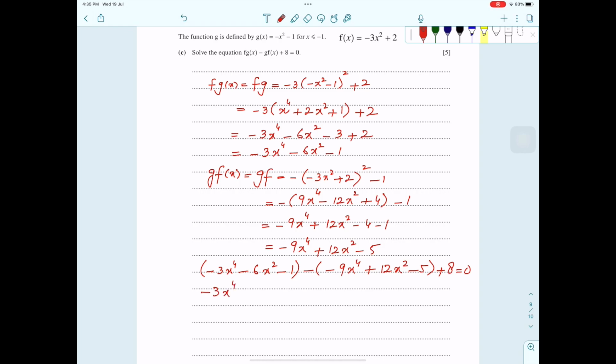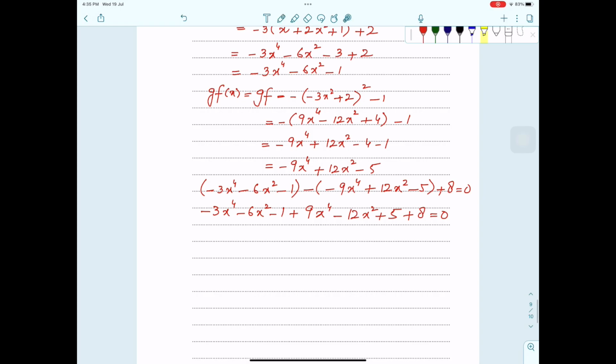This is minus 6x squared minus 1, and we will again change the sign inside the parenthesis. When you remove parenthesis and there is a negative sign, you have to change the sign inside. If you do further simplification, for example, you have minus 3x power 4 and 9x power 4. So it becomes 6x power 4.